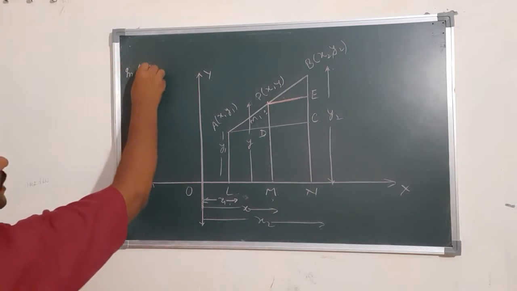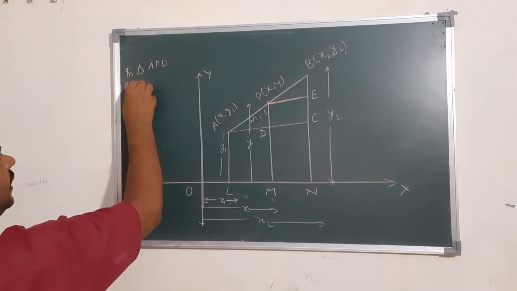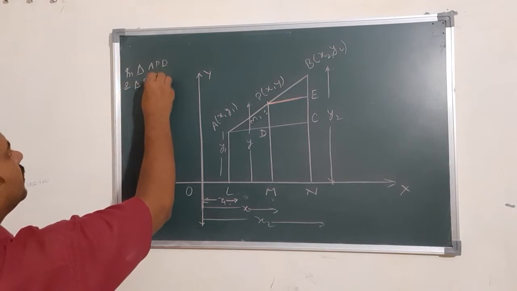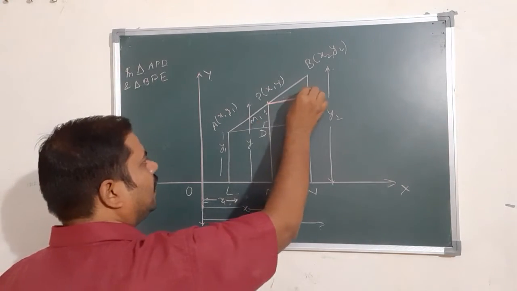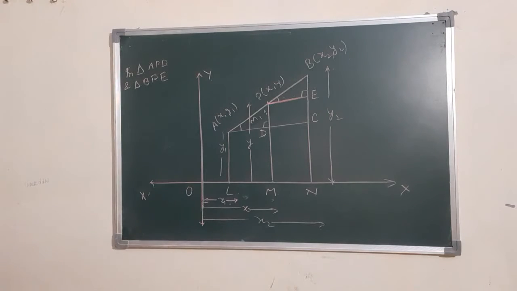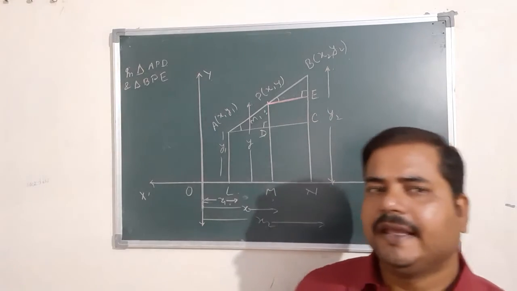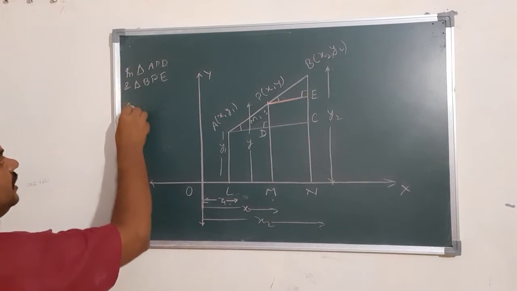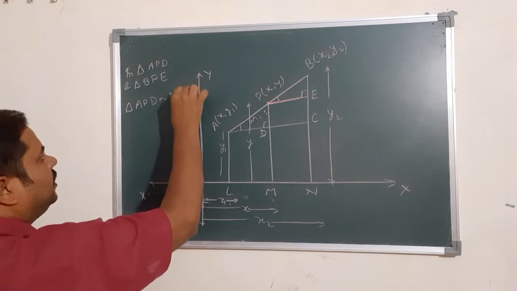In triangle APD and triangle BPE, you know very well, this is of 90 degrees and this is the same angle because of corresponding angles. So these two triangles are similar. Why are these two triangles similar? By AA criteria of similarity, triangle APD is similar to triangle BPE.